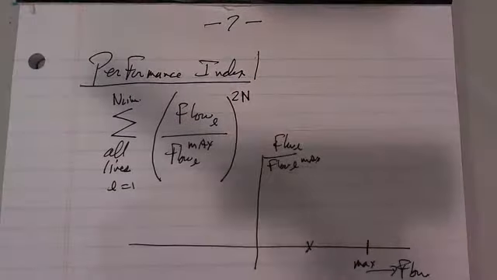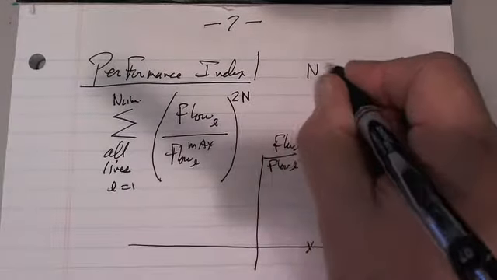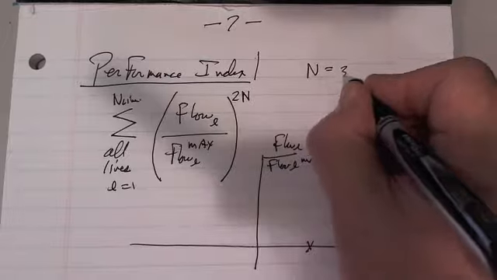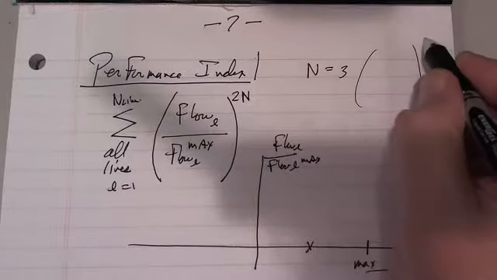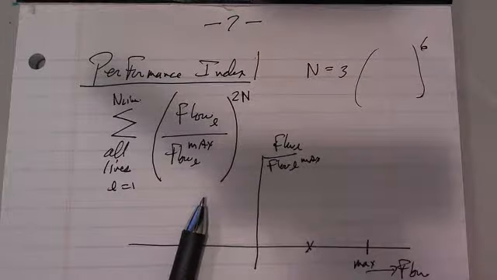If you use n equals 3, then I'm raising this to the 6th power. Well, 1/2 to the 6th power is a very small number, right? It's 1 over 64. So it gets to be a very small number.